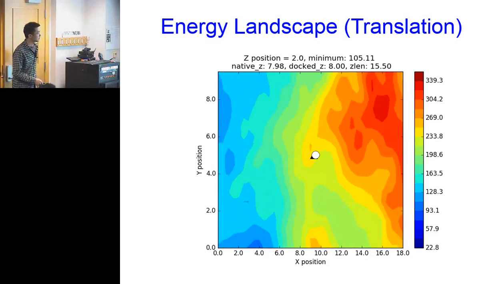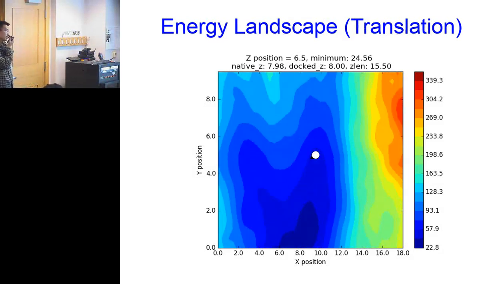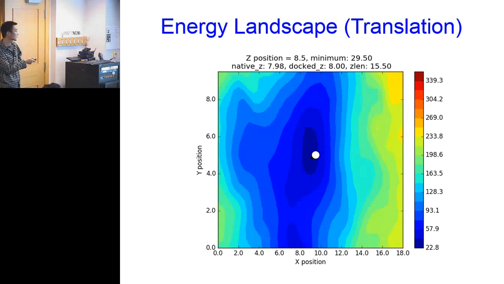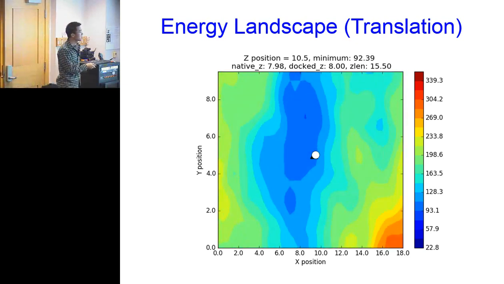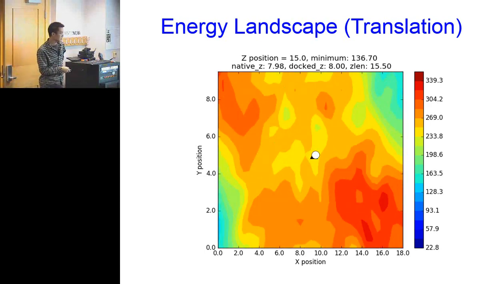This is giving you some results for the rigid docking. To make sure we implement this correctly, this is the energy landscape for docking the ligand into the protein. The x-axis corresponds to the x coordinate of the ligand. This corresponds to the y-coordinate of the ligand.